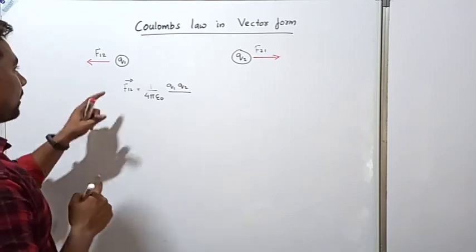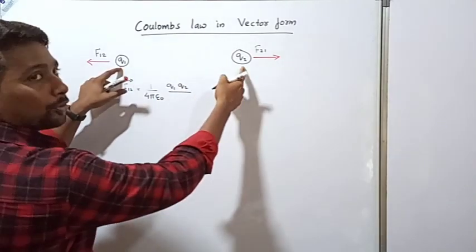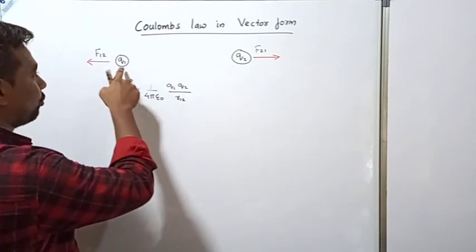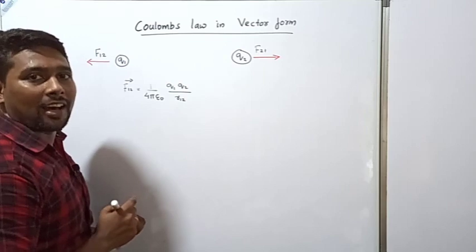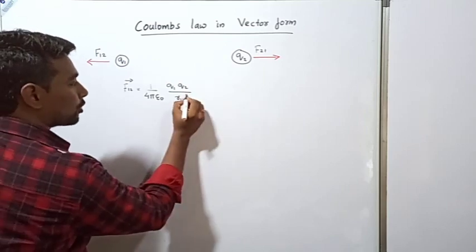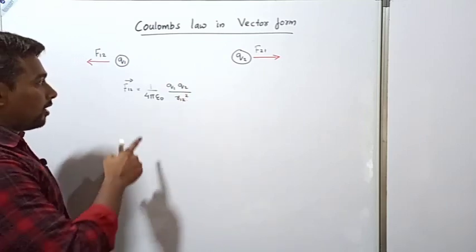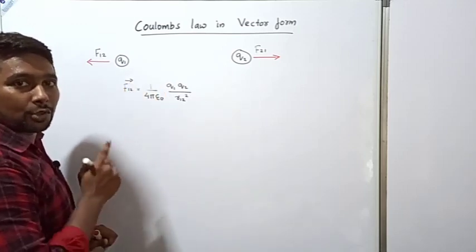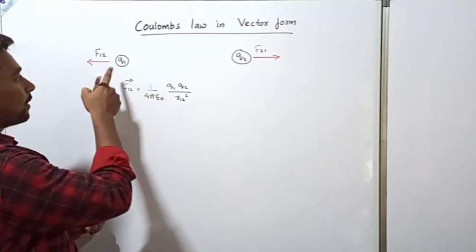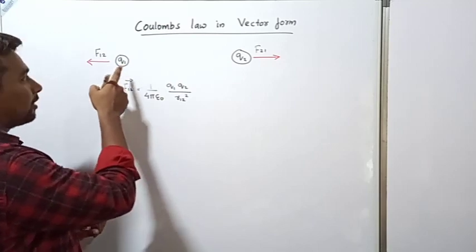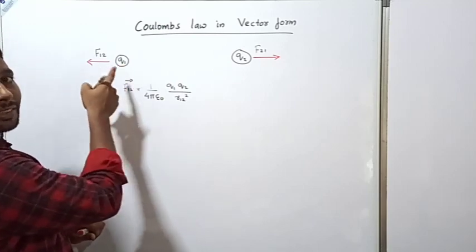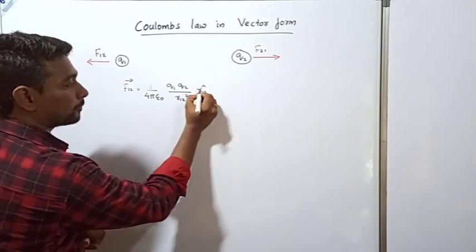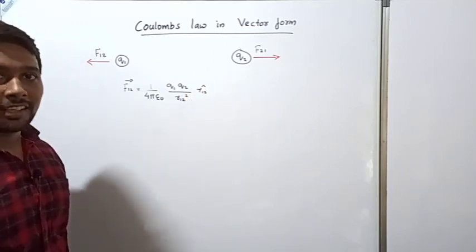I am considering from Q1 to Q2 the distance is R12, so R12 square. Okay, since it is a vector quantity, we have to represent the direction. So the unit vector along this direction, I am considering it as R12 cap. Understand?